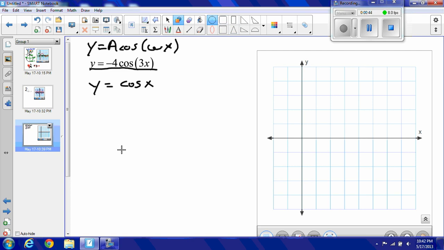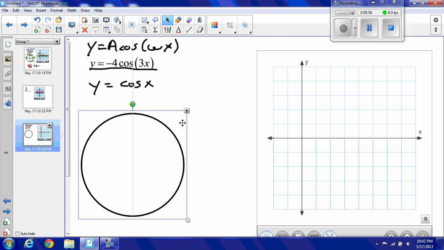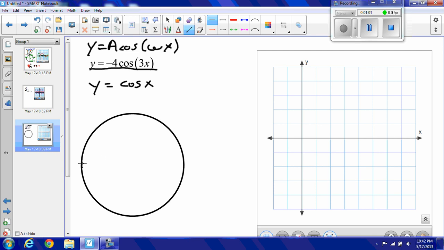So let's make a little circle here. It's a pretty good size. I think I will see if I can move it over a little bit. Yeah, that's a little better. Okay. And I think I'll put in an x and y axis. This draws it a little bit straighter. X-axis.